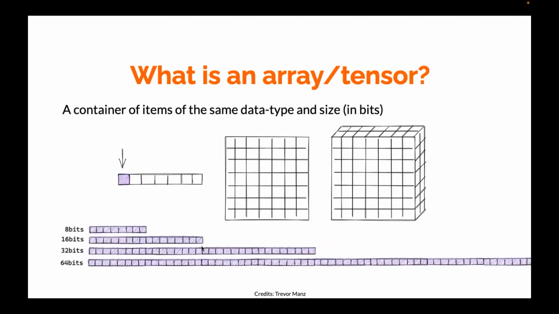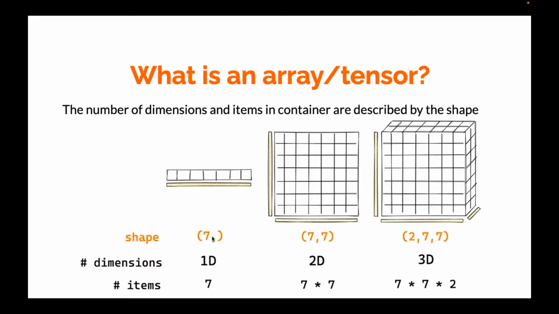All the items in the container are of the same data type and size in bits, so there's 8-bit, 16-bit, 32-bit, 64 bits, and so on. The number of dimensions and the items in the container are described by the shape. If you define the shape as a single digit, then it's going to be a single dimension. If you go with 2D, it's going to be 2 dimensions, and 3D, and so on.